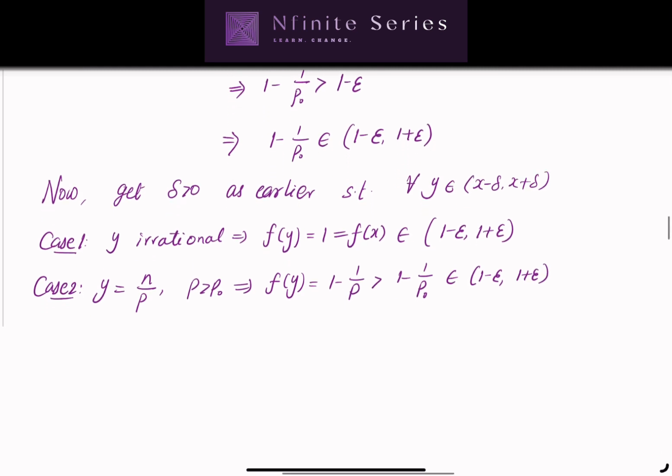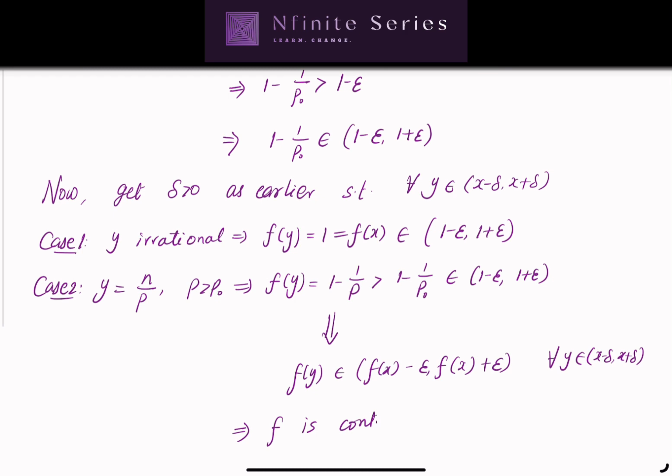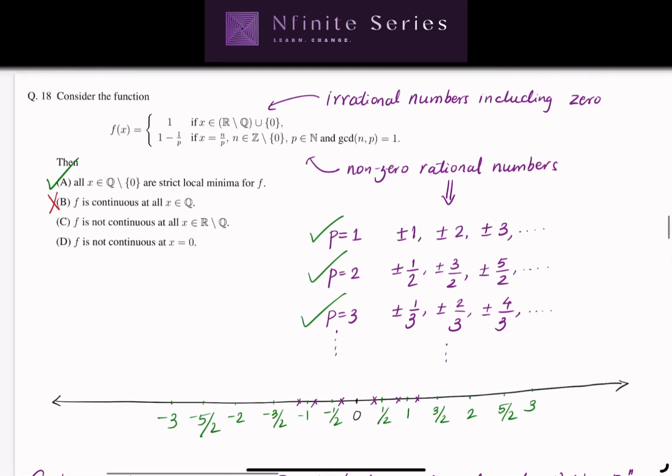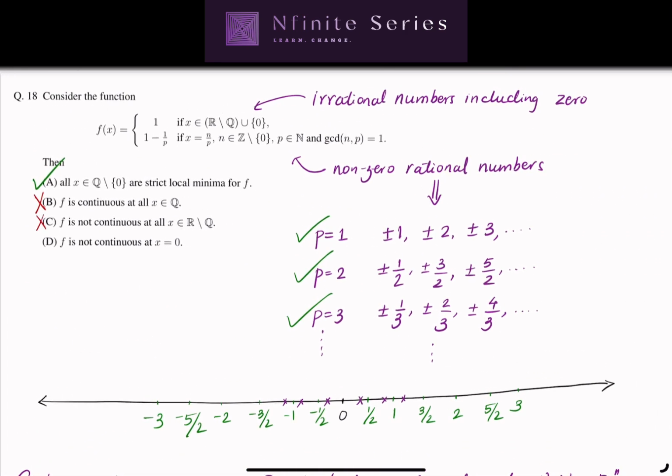Very well. So combining case 1 and case 2, we have proved that f of y belongs to the epsilon neighborhood of f of x for all y in the delta neighborhood of x. This by definition means that f is a continuous function. So C is also wrong.